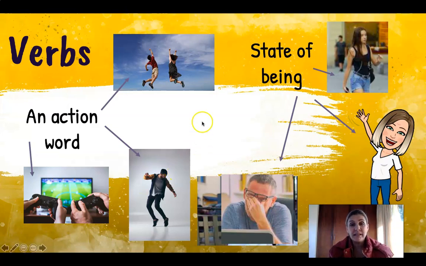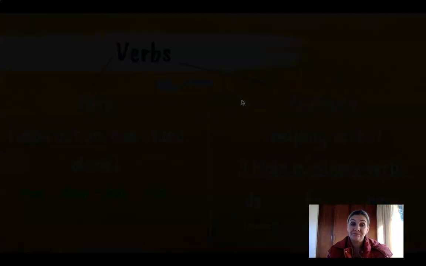But it can also be a state of being, and that's where you get the verbs like is. She is a girl. I am a teacher. He feels tired, or he is tired. Okay, so just remember that verbs can be either of these. They can be an action or a state of being.